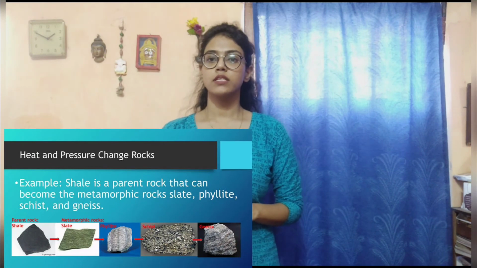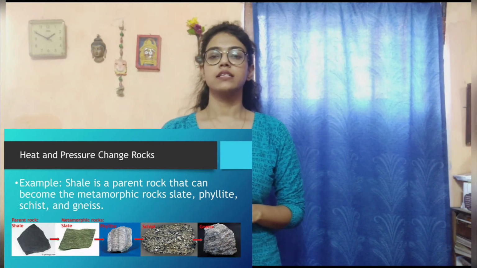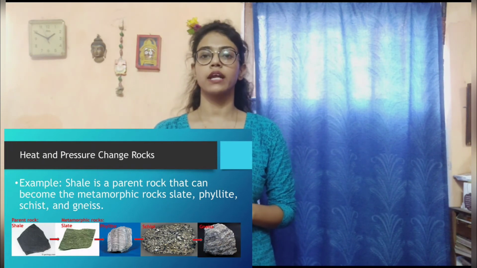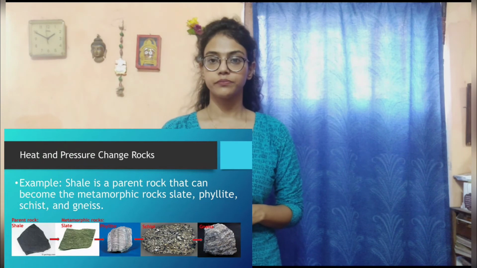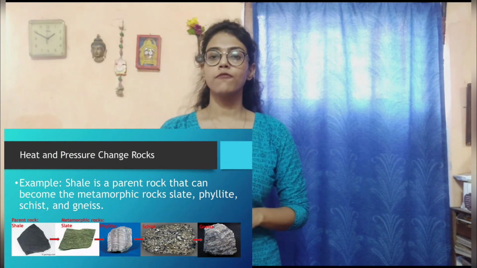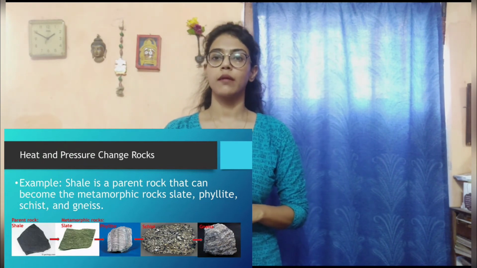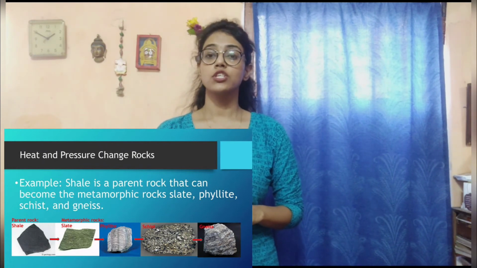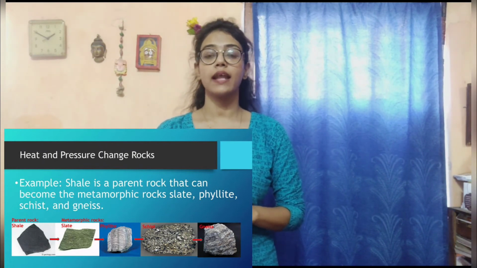These metamorphic rocks are actually formed with the help of two factors basically. First one is the temperature and the second one is the pressure. Except these two factors, there is one more factor, that is the movement of the earth. In metamorphic rock, the change can be chemical or physical, or both physical and chemical.